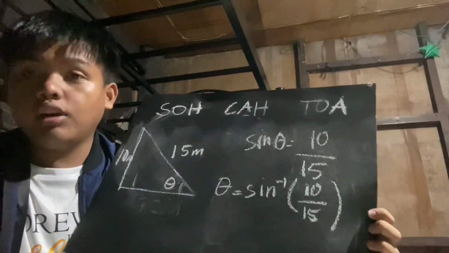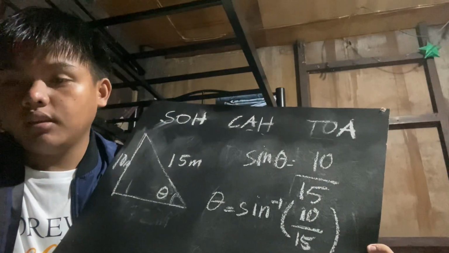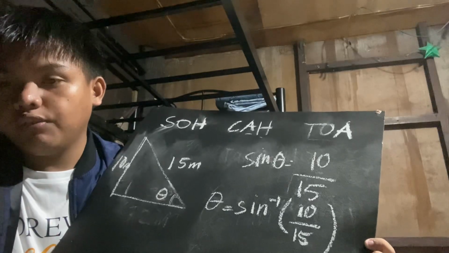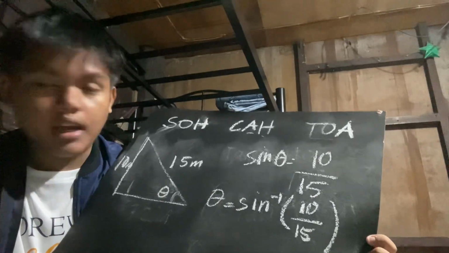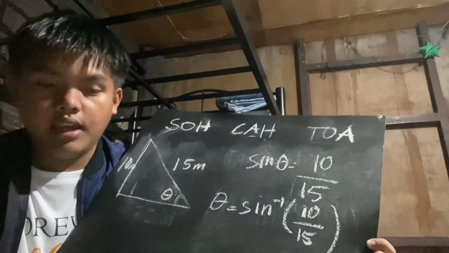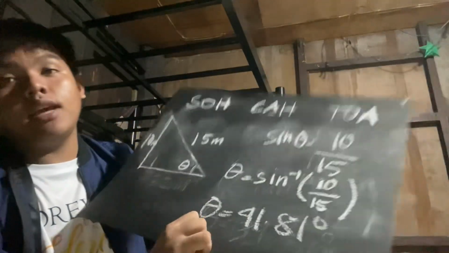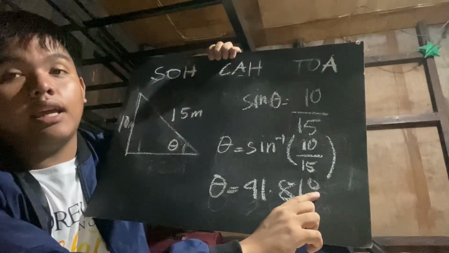You can calculate it using your calculator: inverse sine of 10 over 15. So we have a value of theta, which is 41.81. So theta is equal to 41.81 degrees. Since we are finding theta, we are finding the degrees, don't forget to write the degree sign.